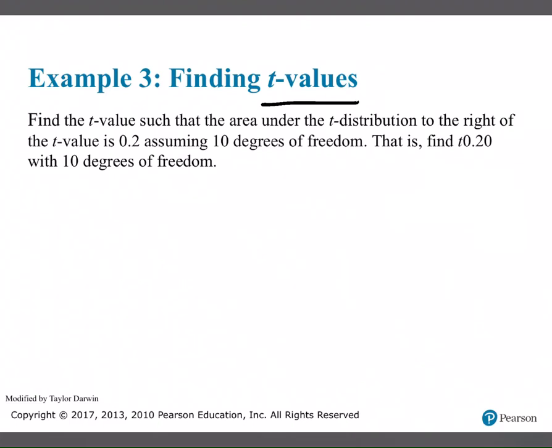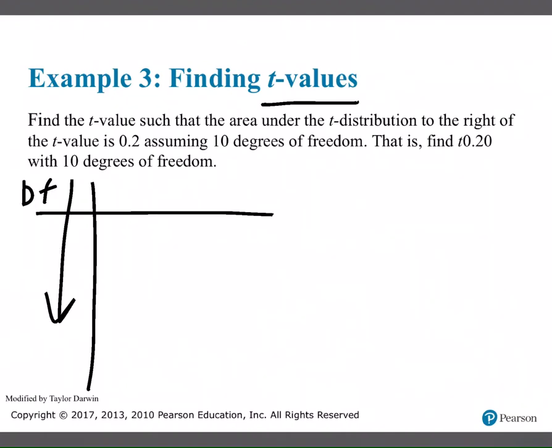So it's kind of similar to your Z-scores, except degrees of freedom go this way, and then the area goes this way. And so it says, find the T value such that the area under the T distribution to the right of the T value is, I'm going to change that to 0.01, assuming that the degrees of freedom equals 10.